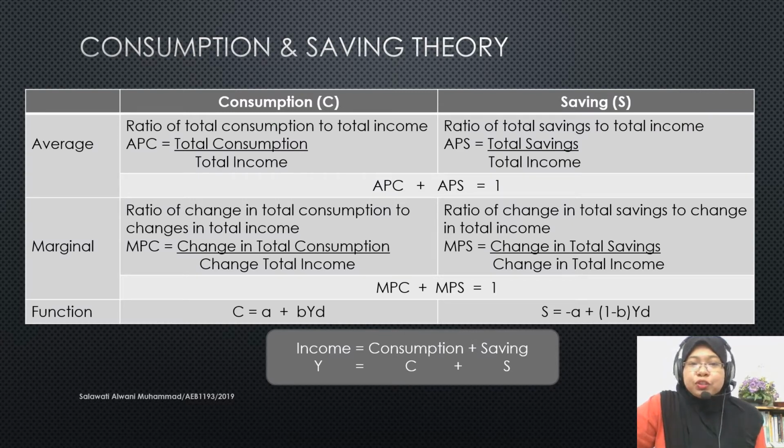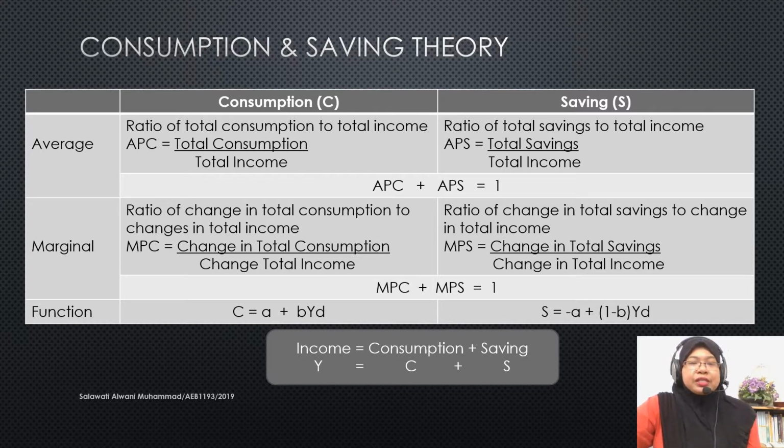Now we go to consumption and saving theory. So, for consumption, we have APC and also MPC. APC means a ratio of total consumption to total income.